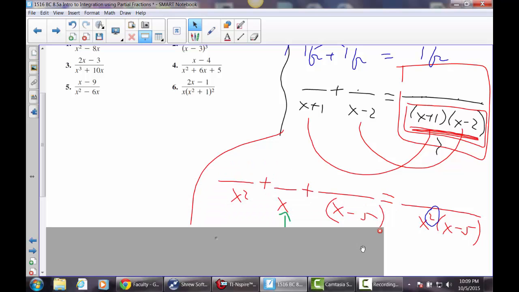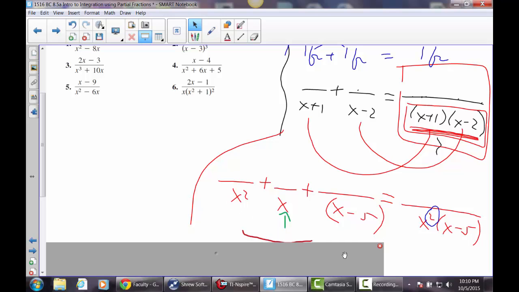One of those possibilities is that there might also be a fraction with a denominator of x, because that would still give you an LCD of x squared times x minus 5. So basically, if you have a factor to an exponent, you're going to have that as one of your denominators, and then you're also going to have the one with the lesser exponent. For example, if this was x cubed, you'd need a fraction with an x cubed denominator, another fraction with an x squared denominator, and another fraction with an x denominator.